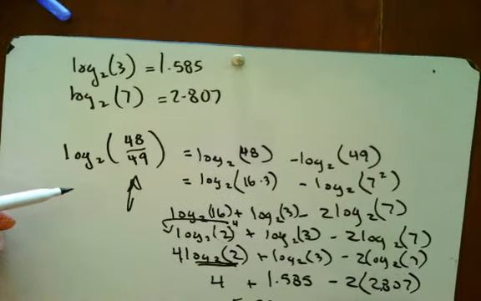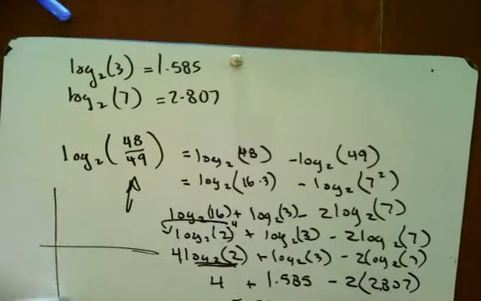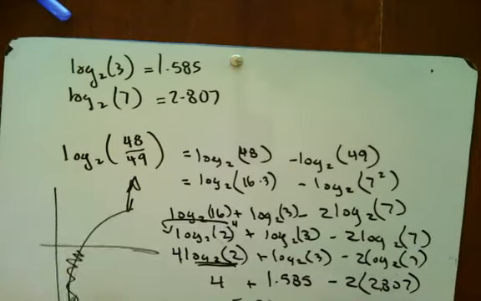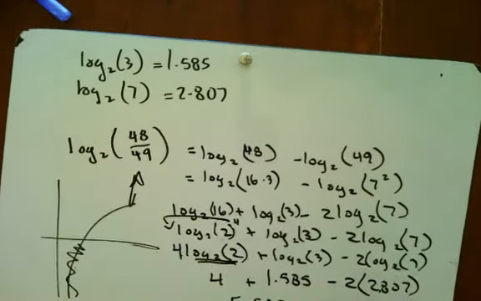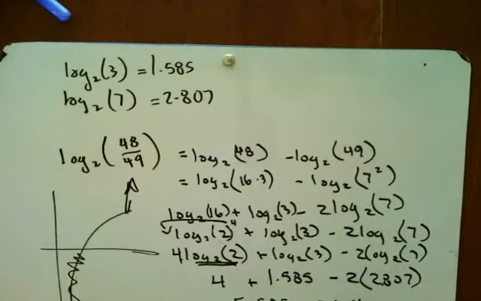So I can evaluate this: 5.585 minus 5.614, and I end up with the slightly negative number, negative 0.029.